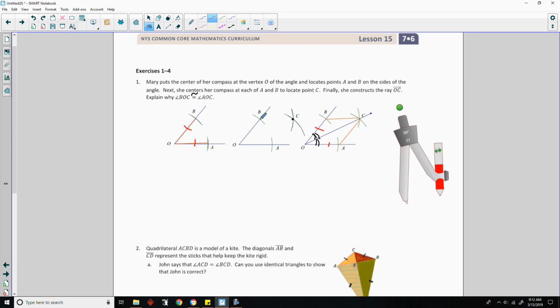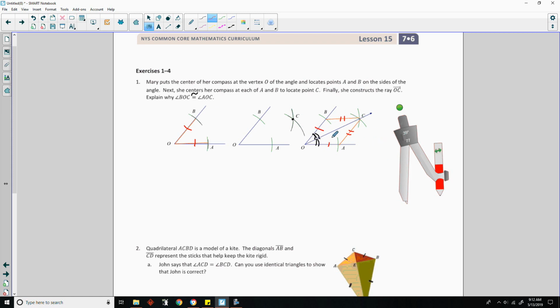Then when she put the compass here and drew an arc from B through here, and then put the compass point here and drew an arc and found the intersection C, that confirms that AC is congruent to BC, because she used the same radius of a circle if we continue the circle all the way around.